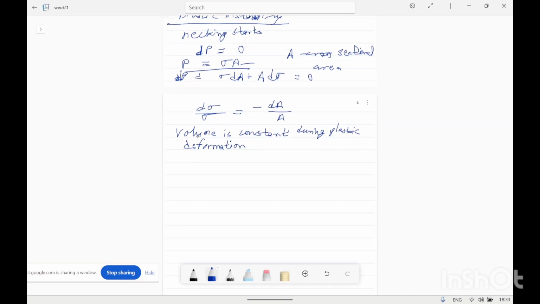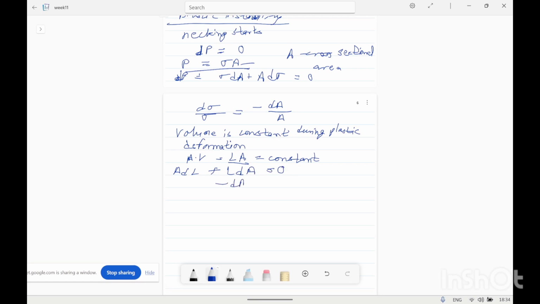Volume is area times length, so A naught L naught equals A L. If we differentiate this equation, A dL plus L dA will also be equal to 0.